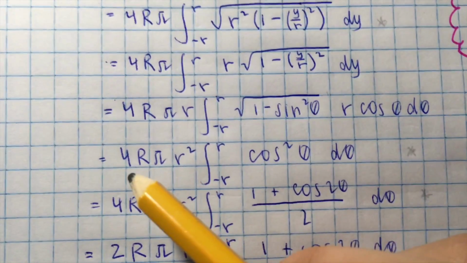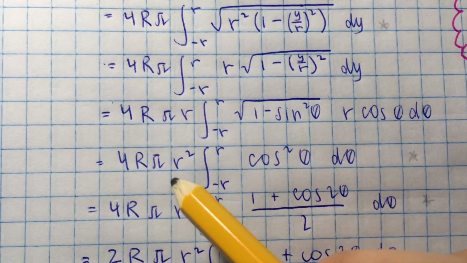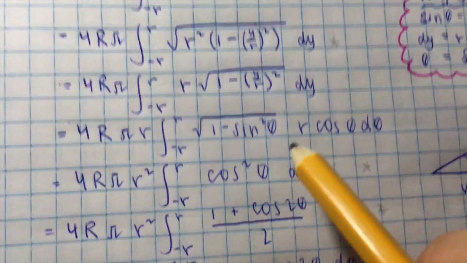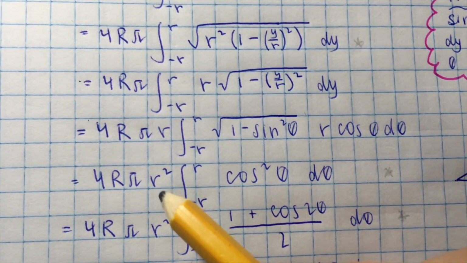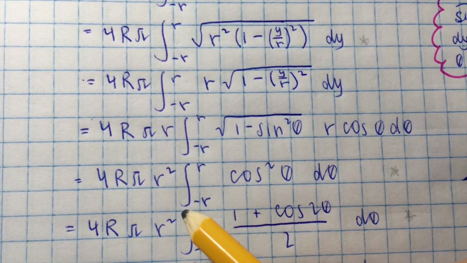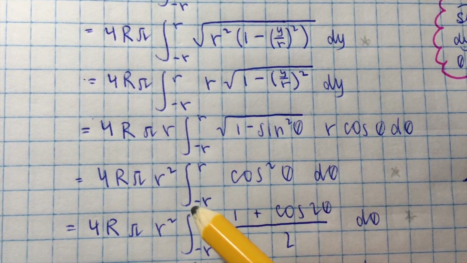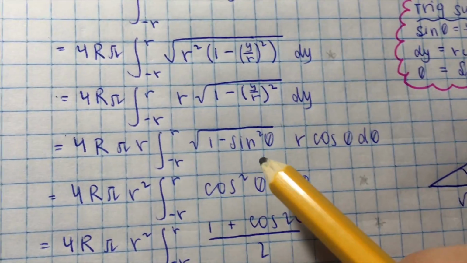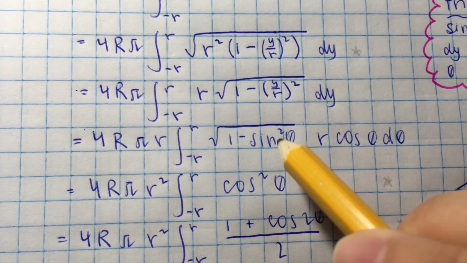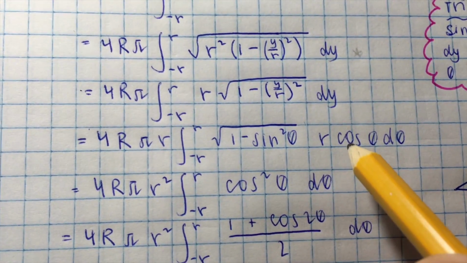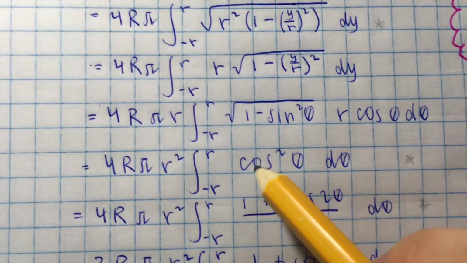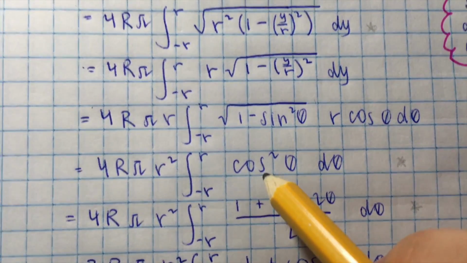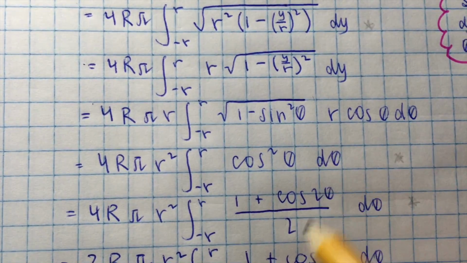So now we have 4 big R pi little r squared, as we multiply this r to the outside, as it is a constant value, of the integral from negative r to r, and as this is equal to cosine of theta, and this is cosine of theta as well, when we multiply this, we are left with cosine squared of theta d theta.